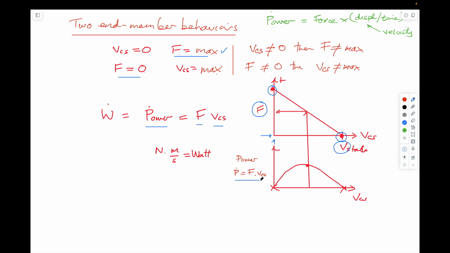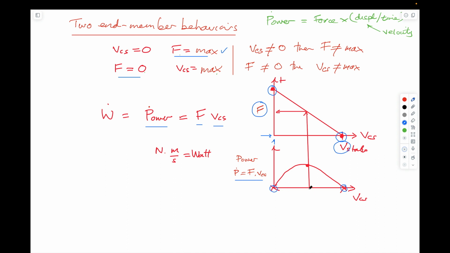So the product of force times velocity at this point has to be 0. If you look at this point here, where you've released the vane, and its velocity is a maximum, but the restraining force is 0, then again the product of those is 0. So the power that's recovered from that system is 0.